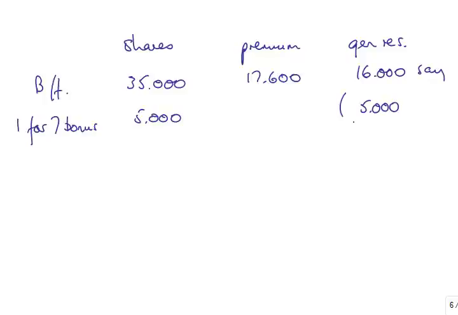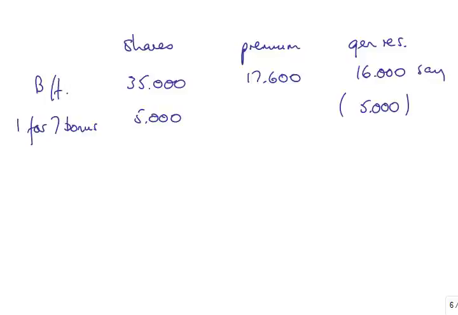She's been very silly, as Irita. Any sensible merchant bank or financial advisor or accountant would have said, don't take it out of general reserve, take it out of share premium. But no, she's gone ahead and done it from general reserve.